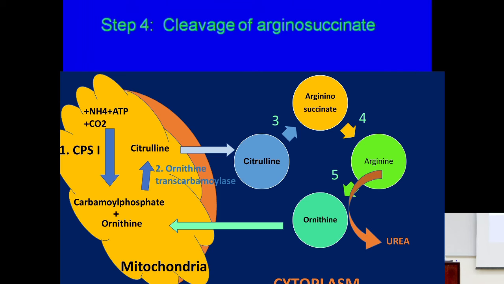And arginine really contains the urea molecule in its structure. So then the last enzyme is going to be arginase. It's on the next slide, which will produce urea and ornithine, regenerating ornithine so the cycle can go on.